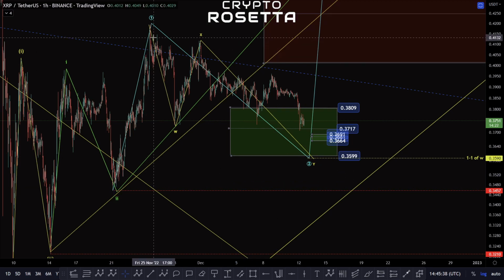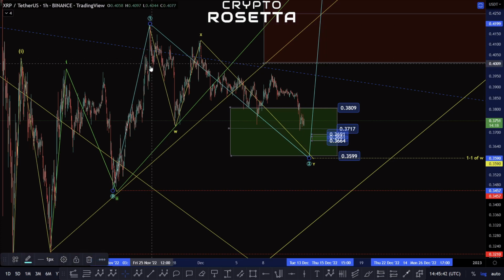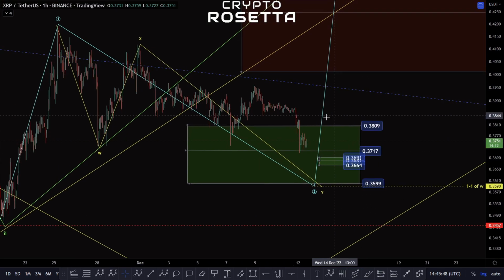Though the difference with this move is we would have to look at this wave 1 completing here. And what we'd be looking for then, rather than an ABC to the downside, we'd be looking for a WX and a Y wave to the downside.